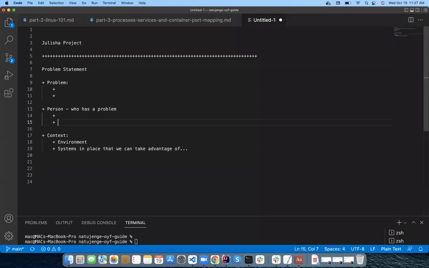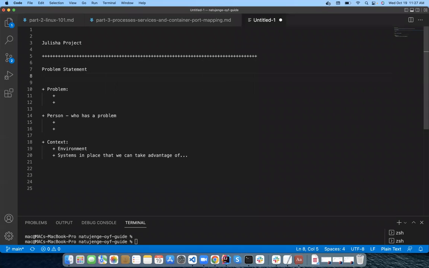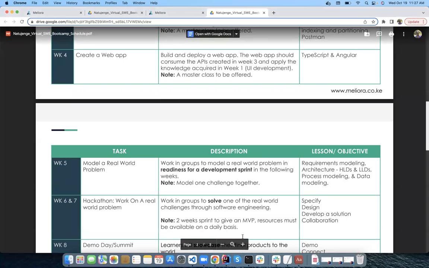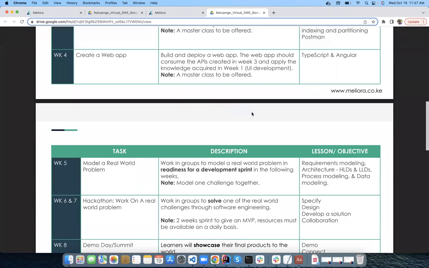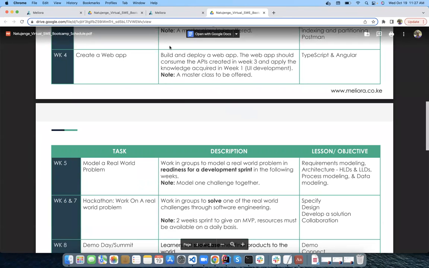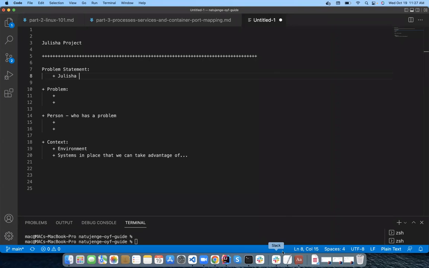The Julisha idea is just from the Swahili word; it's a Swahili name. I don't know whether there is anyone who can guess what Julisha is. It doesn't mean the product will be called Julisha, but I just wanted to know whether anyone in the group can unmute and tell us what they get from that name.